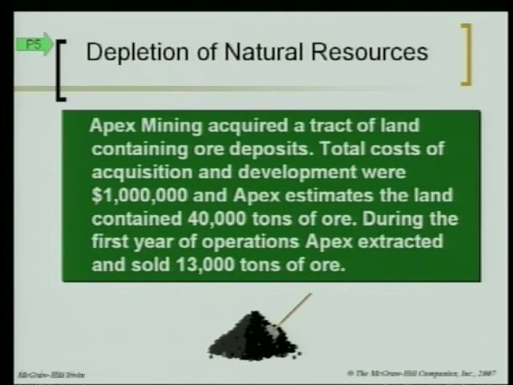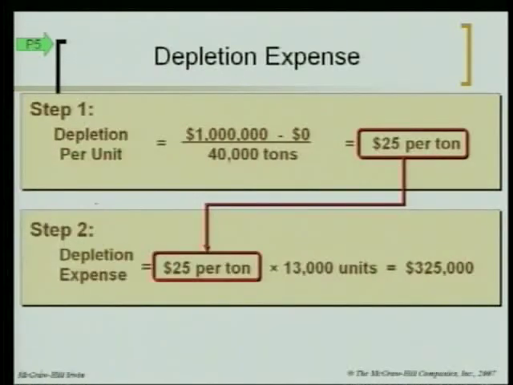Now, during the first year of operations, we extract 13,000 tons of ore. Well, let's figure out the journal entry to record depletion. There's zero salvage value on this, so we take $1 million cost minus the zero salvage value divided by the total amount of ore that's in that thing as an estimate. 1 million minus 0 divided by 40,000 tons means we are going to deplete $25 for every ton that's extracted in a year.